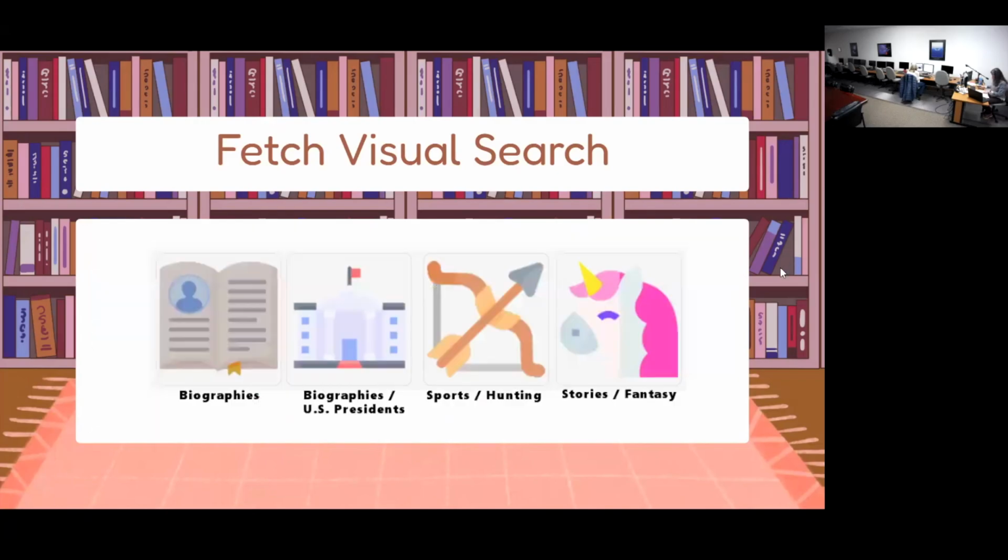And what did they add? They've added biographies, a whole top level. Within biographies, there is also U.S. presidents. They have sports, and if you go to sports, within sports, you'll find hunting. And then stories has a new area for fantasy. So there we go. That's the update for Fetch.